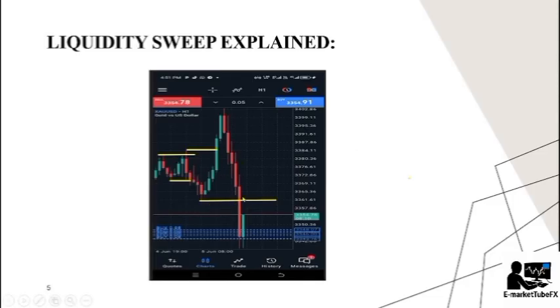So if you hear me talking about liquidity, we are talking about money. And areas where traders have placed their stop loss, that is where the liquidity is, and that is where it's of great interest to these market makers.